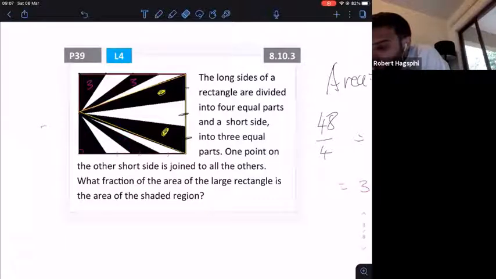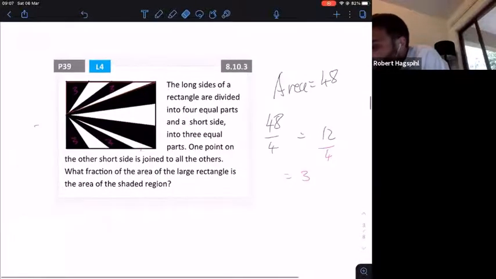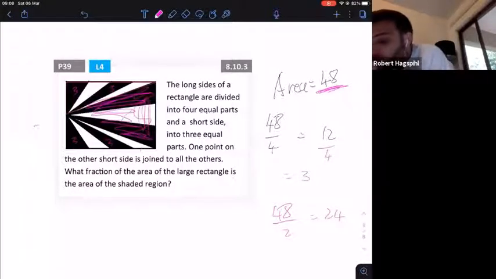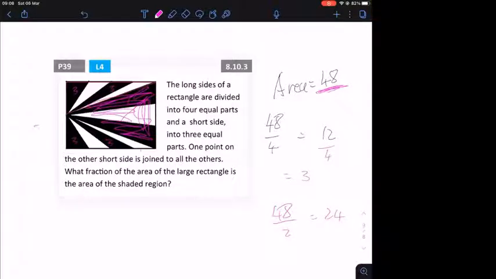Similarly, at the bottom, this has got an area of 3. This has got an area of 3. Then I'm going to take the whole area and divide it by 2, which is equal to 24, because I know that this whole section there is half of the triangle. Okay. And so I'm then going to go 24.